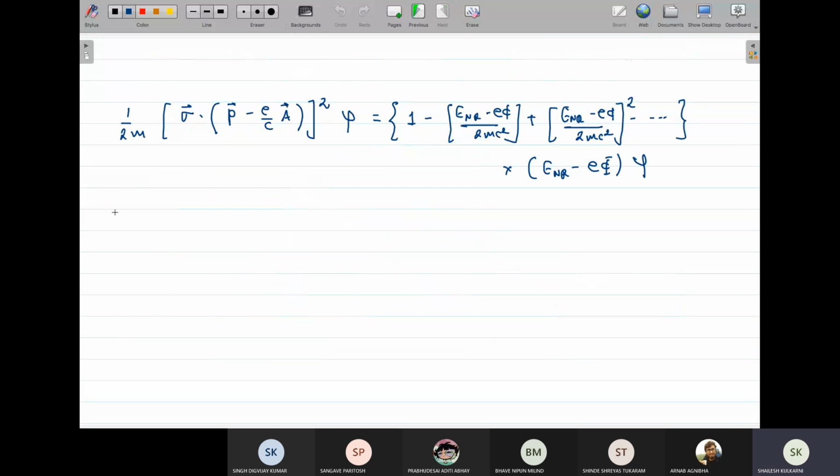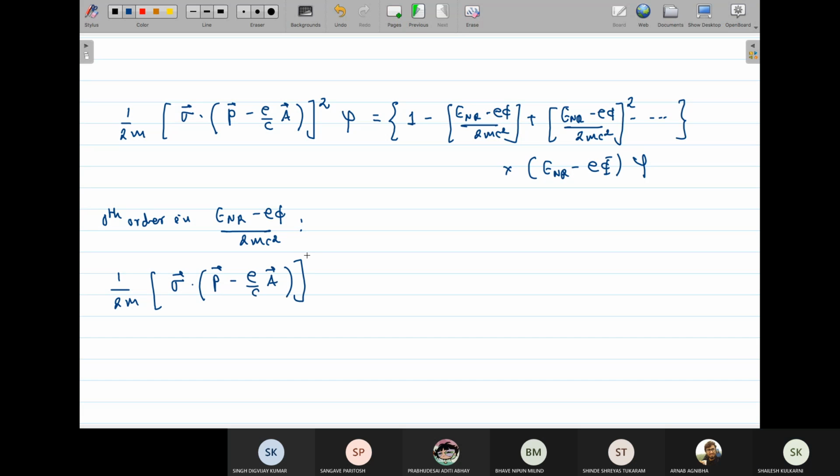Now at 0th order in (E_NR minus E_phi) divided by 2mc square, what am I going to get? 1 over 2m (sigma dot P minus E by CA) square phi, remember phi is a two component spinor, is equal to the 0th order. So keep only this term.